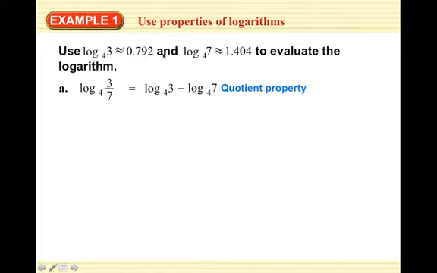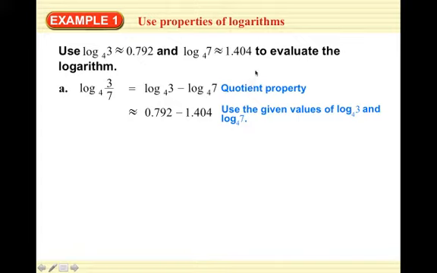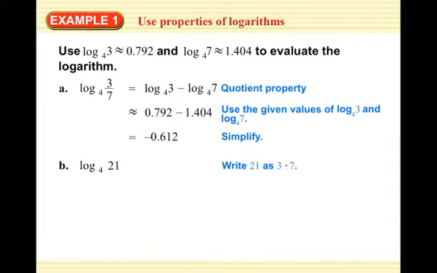Now we can substitute in the approximations. We're going to have 0.792 minus 1.404, and we simplify, and that gives us negative 0.612. Okay, we're going to do the log base 4 of 21. Well, 21 is 3 times 7, so that's the same thing as the log base 4 of the product 3 times 7.